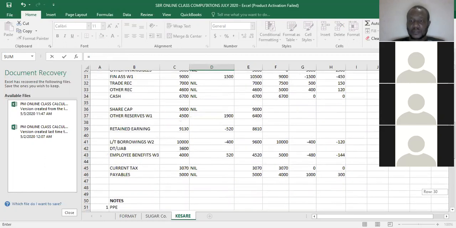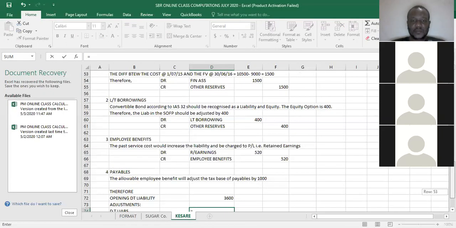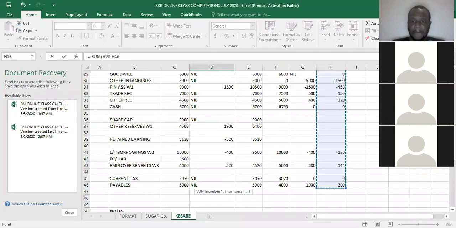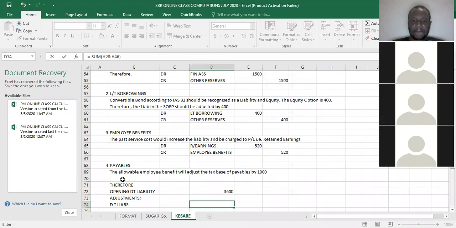Yeah. So my deferred tax liabilities, because they are liabilities, will now be negative, and then I do sum, open bracket, and I drag everything there. I think that would just be a cheat way. Instead, I should have done the deferred tax asset and deferred tax liability. But if I do that as this and drag everything here, because of the way I've worked them, and then close that side, I should get that.